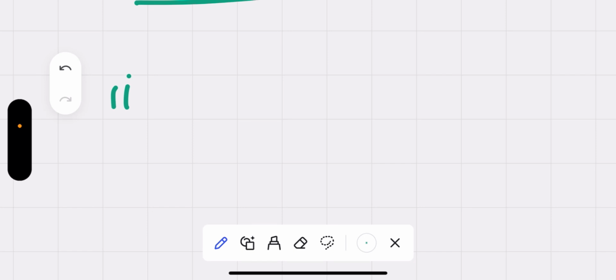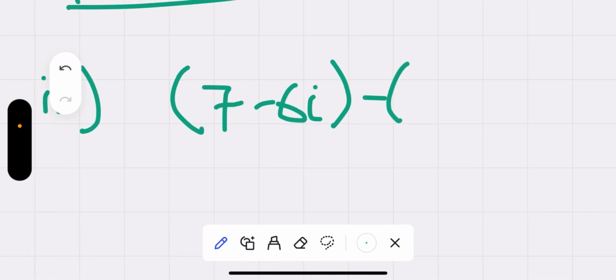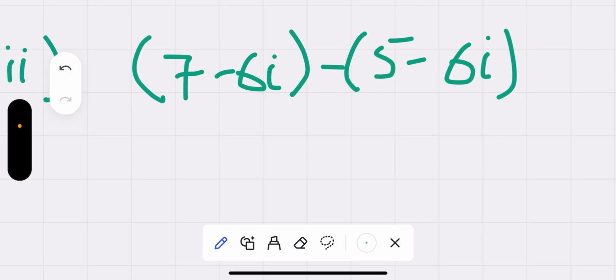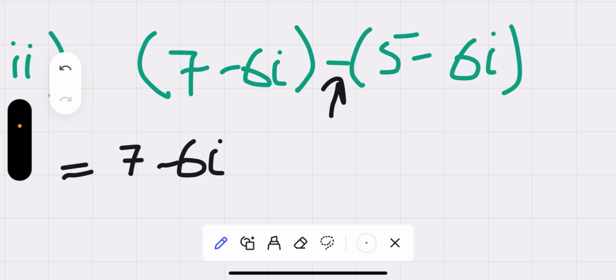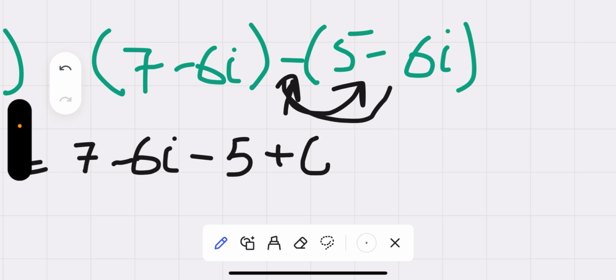Now we have the second part, which is 7 minus 6 iota, bracket 5 minus 6 iota. Again we have two complex numbers and there is a subtraction sign, so it's simple. We shall open the bracket 7 minus 6 iota, and for the second term this minus sign will change all the signs of the terms inside the bracket, so negative 5, and negative and negative is positive, so positive 6 iota.